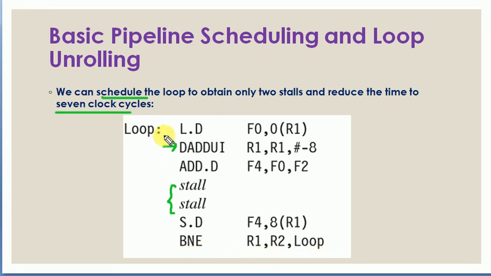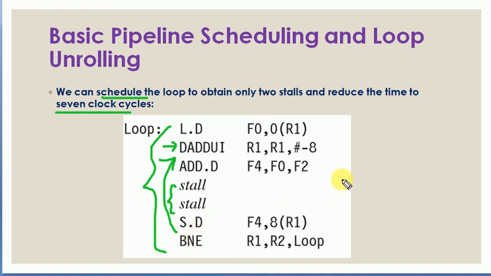We are following the same set of instructions, but when it is modified from this location to this location, the total number of cycles it takes is 3 plus 2 plus 2, that is 7. So 2 stalls, 2 clock cycles we have saved.